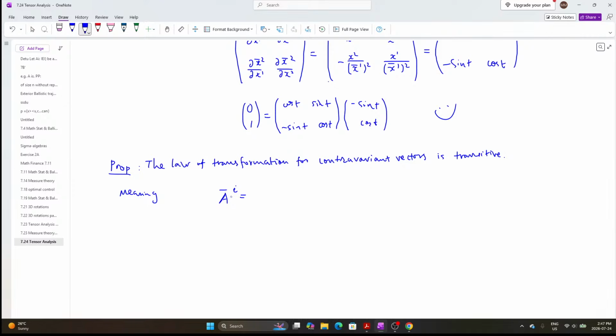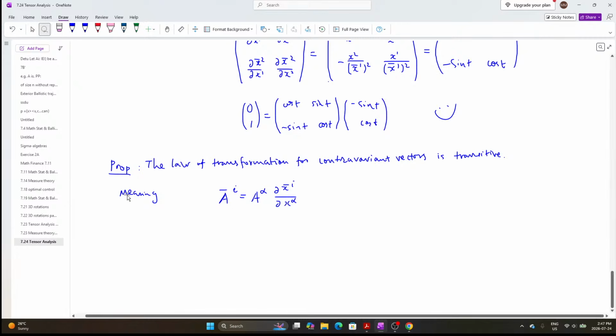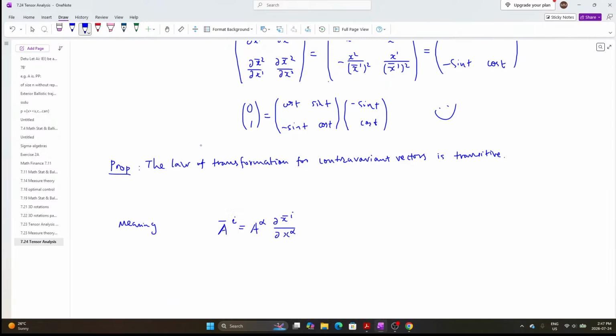So x bar I equals a alpha, dx bar I over dx alpha. So that's the first transformation. So imagine you have coordinates from x i's to x bar i's, a coordinate transformation.